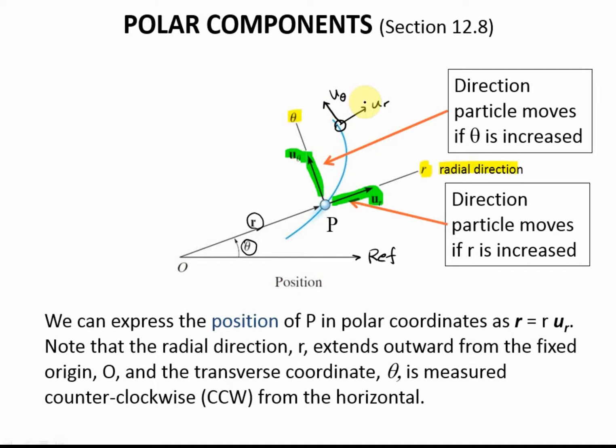Before, when we used the Cartesian coordinate system x and y, even though the particle keeps moving, our i and j, the unit vectors of these two references, do not change. But in this polar coordinate system, UR and U theta keep changing depending on the motion, depending on the position of the object.